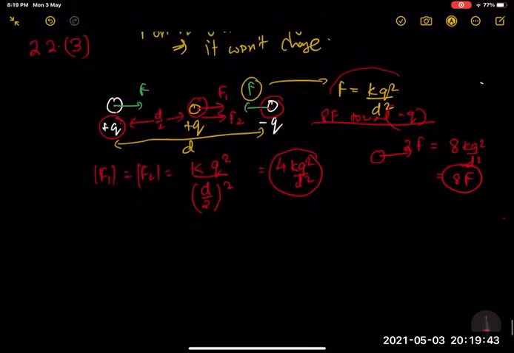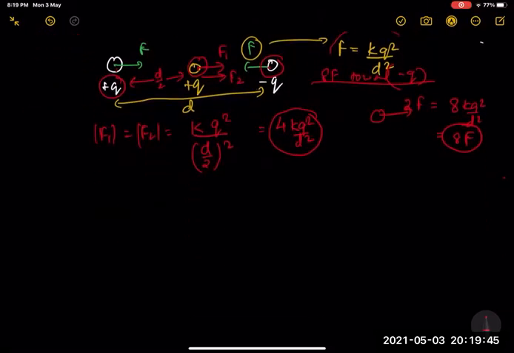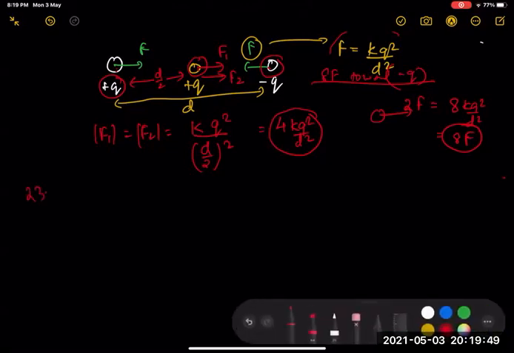Okay, next after 22 is 23, 24. Okay, 23. See, two balls carrying 7 microcoulomb and minus 5 microcoulomb attract each other with a force F. If a charge of minus 2 is added to both, the force between them will be?